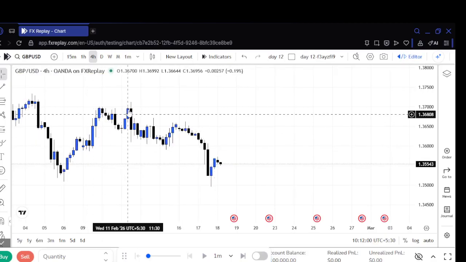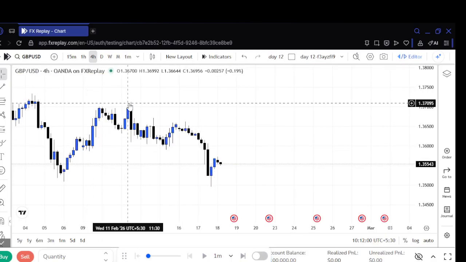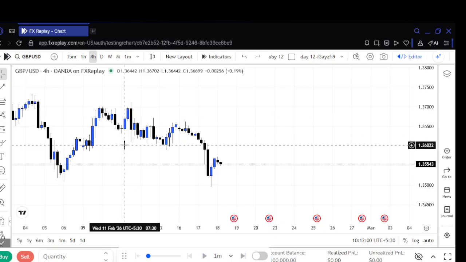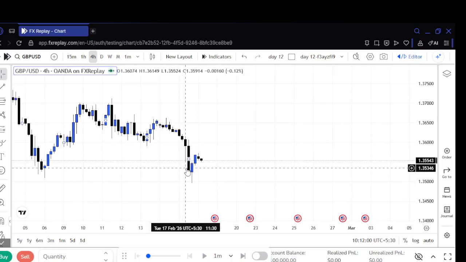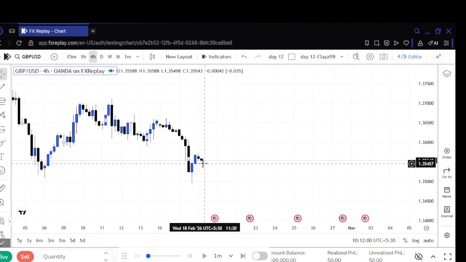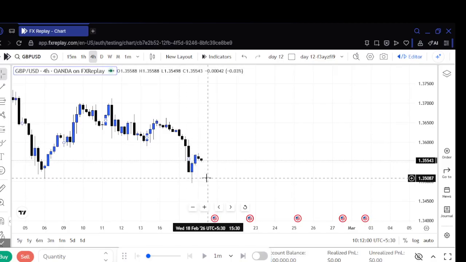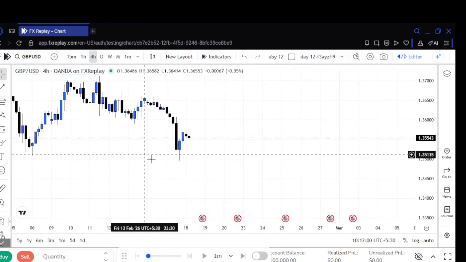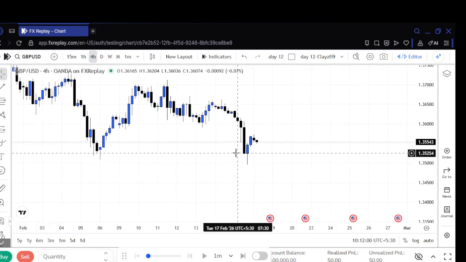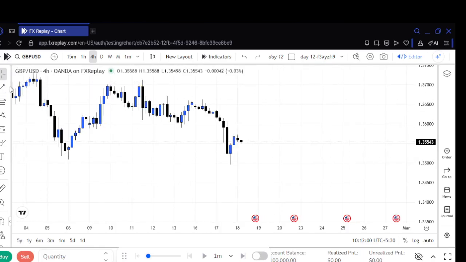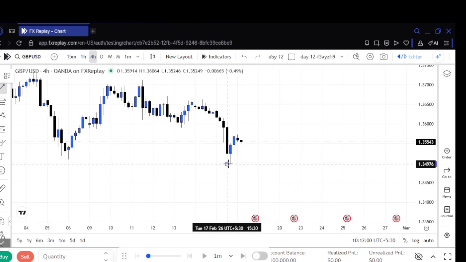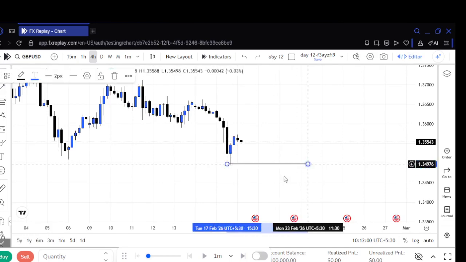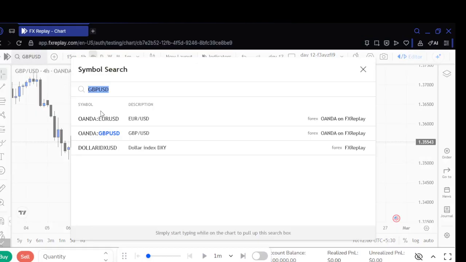Lower high, lower low, lower high, higher low, higher high, and it has given a change of character here. The downtrend has started, lower high, lower low. Again it has taken the liquidity here. Do you think it's going to come and take the liquidity here? I think yes. We got a buy on DXY, so we got a sell bias here. So now we need a sell bias in the Euro USD.